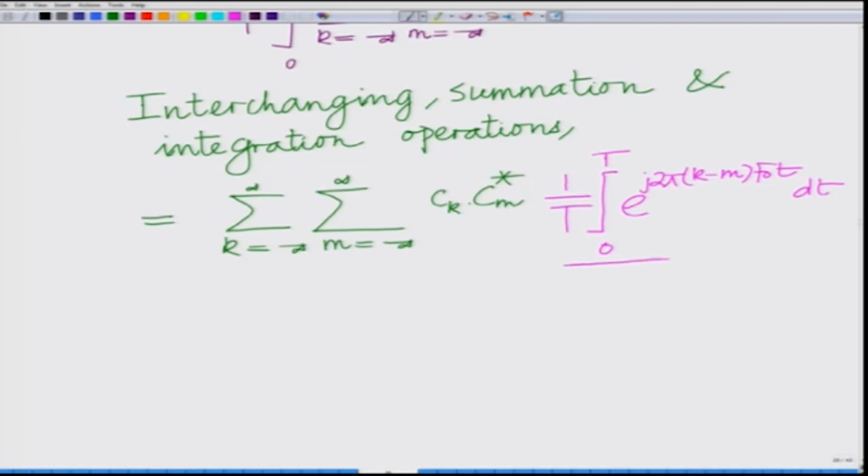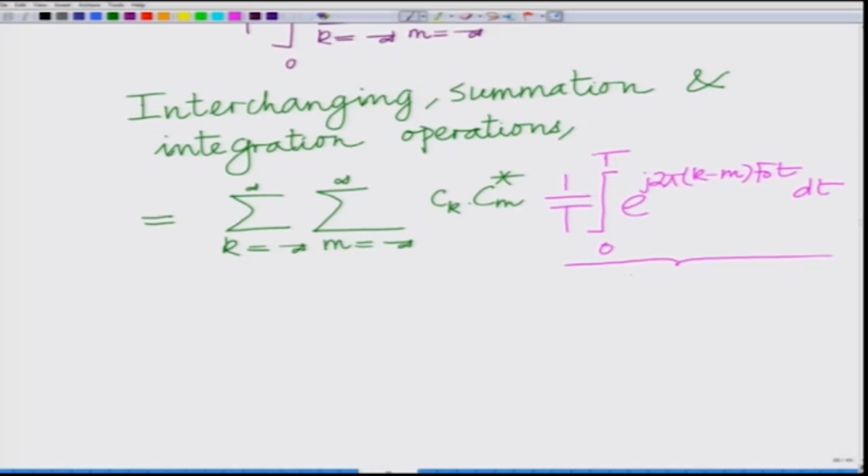And if you look at this, we have already seen this. For any k not equal to m, 1 over T integral 0 to T e to the power of j 2 pi (k minus m) f naught t dt is 0. If k equals m, this integral is 1. Remember, we said this integral is therefore delta k minus m.